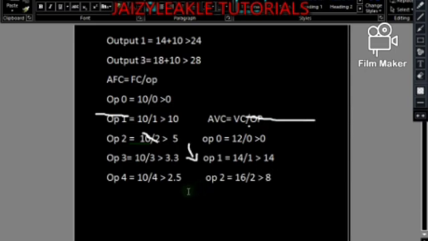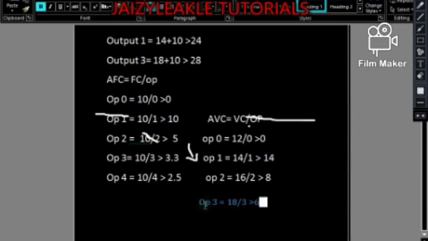Then OP3, which is equal to 18 divided by 3, so that is equivalent to 6.